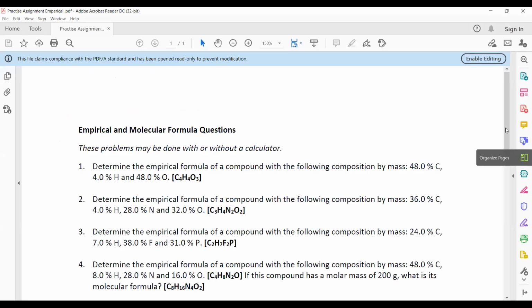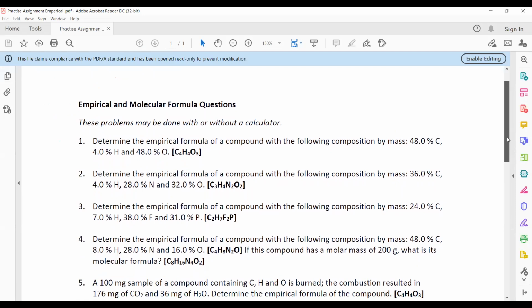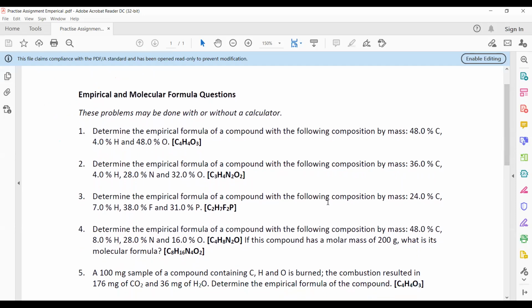So these are some questions related to empirical and molecular formula. In the first question, they mentioned: determine the empirical formula of a compound with a composition of 48% carbon, 4% hydrogen, and 48% oxygen.